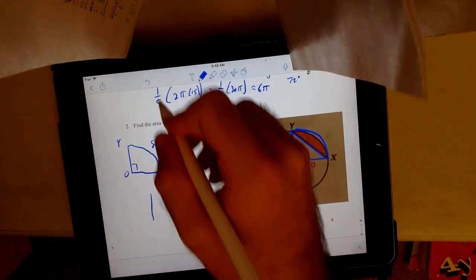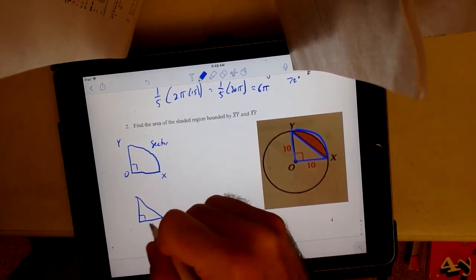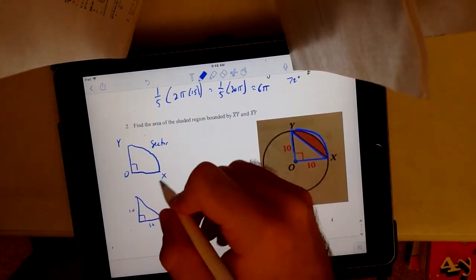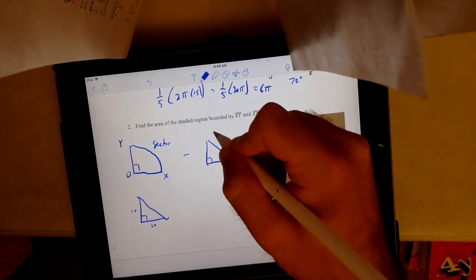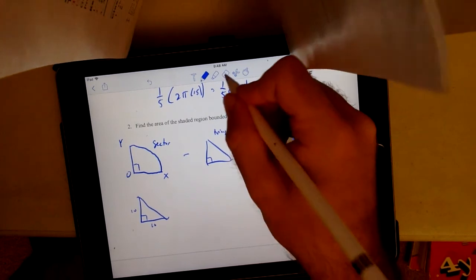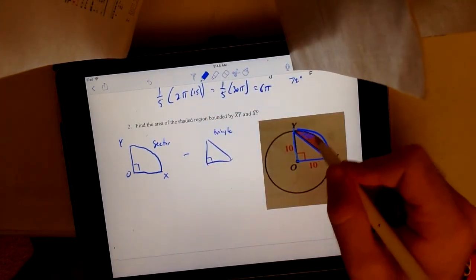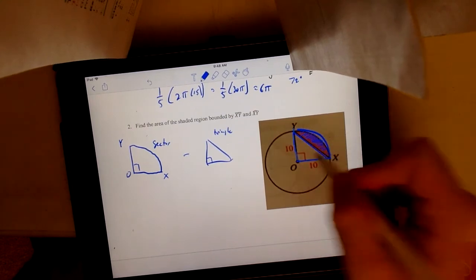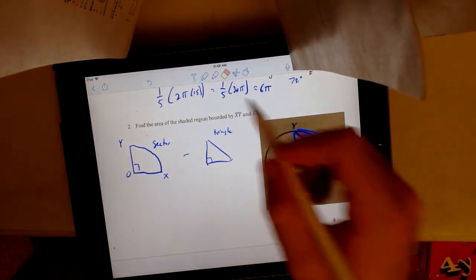Oops, drew it backwards. And we're going to subtract. So area of sector minus area of triangle. And that is going to give us the remaining shaded area. If we take the whole thing and we take away the triangle, we're left with the shaded. So that's exactly what we're going to do.